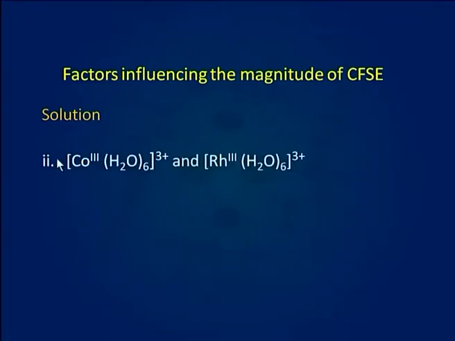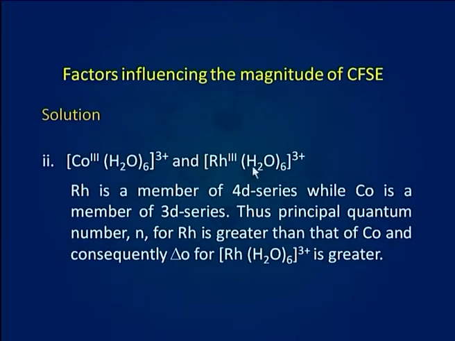Second example is [Co(H2O)6]3+ and [Rh(H2O)6]3+. Rh is a member of the 4d series, while Co is a member of the 3d series. Thus, the principal quantum number n for Rh is greater than that for Co, and consequently delta O for [Rh(H2O)6]3+ is greater.